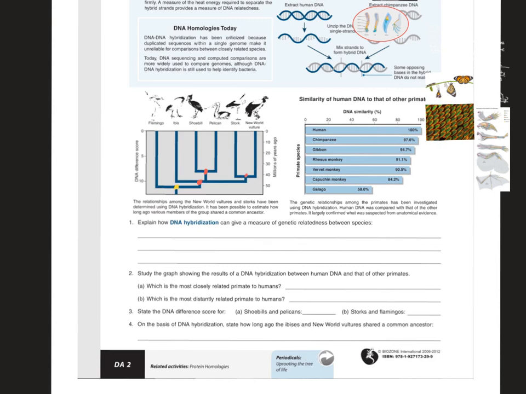This is much more useful than calling them birds or calling them vultures or pelicans. We can look at their structures and their DNA similarities and their evolutionary relationships, and we can say, hey, let's call everything that shares, for instance, this common ancestor a clade. All right, so now these are all a clade, and the pelicans are outside that clade.